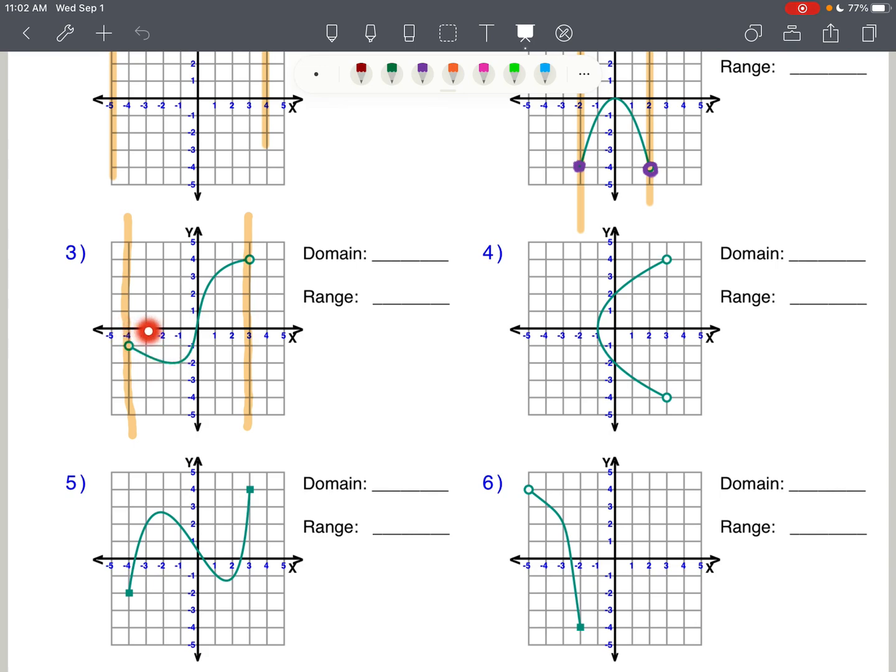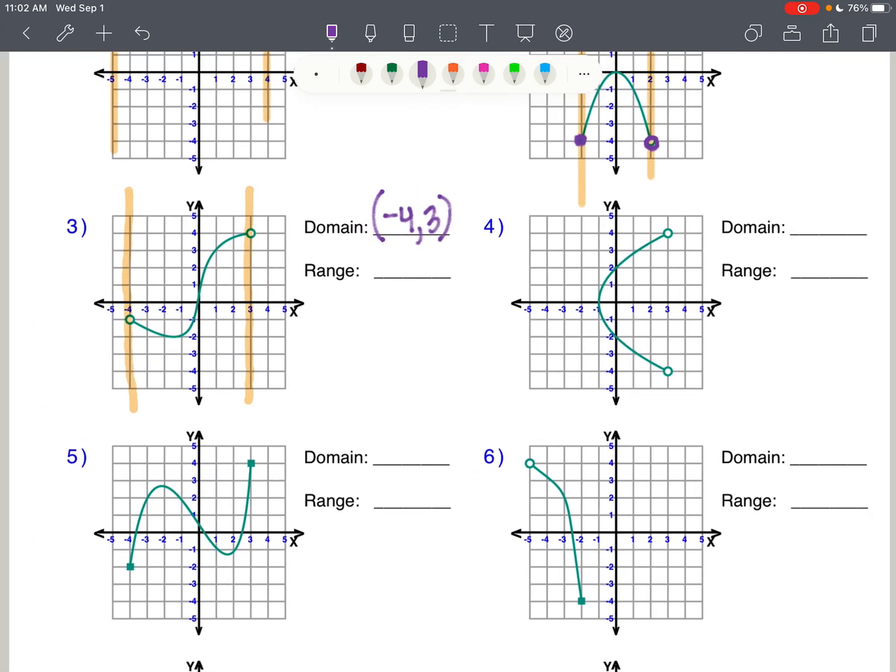So everything from negative 4 to positive 3 is part of the domain. Negative 4 is not included because of the open circle right here, so I'm going to have a parenthesis. And positive 3 is not included because when I put a positive 3 in, I get an open circle again. So negative 4, positive 3. Okay, let's do number 4.